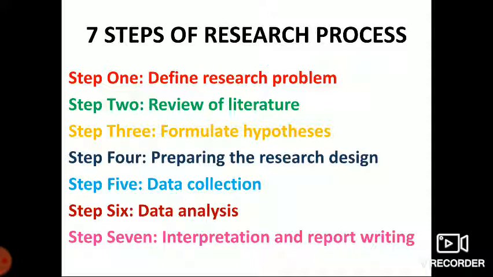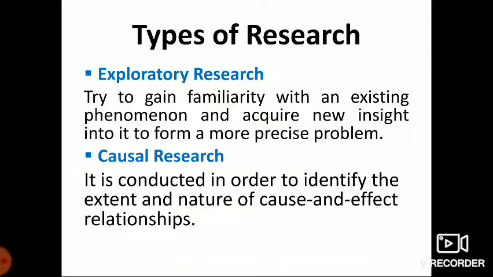After getting outcomes from the data analysis, we go for preparing the research report. This is called the documentation process. That is the seventh stage. So these 7 stages are required for doing any type of research.